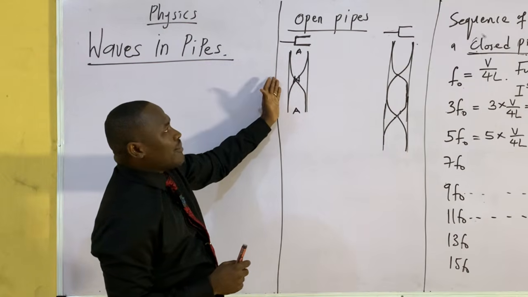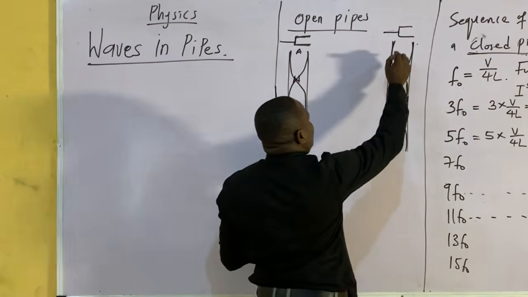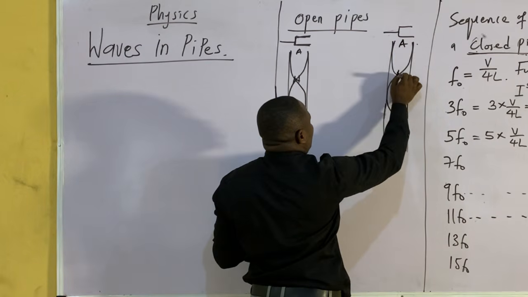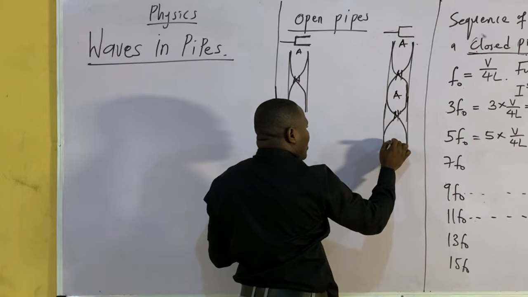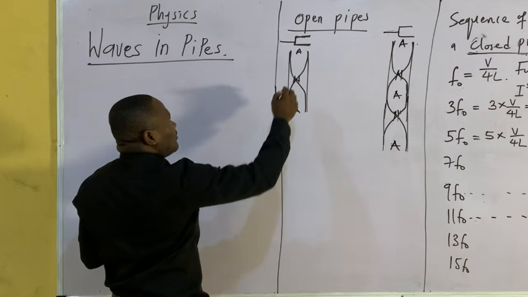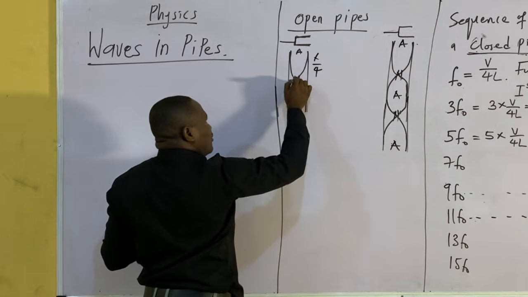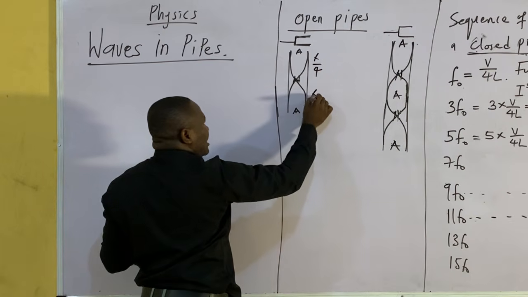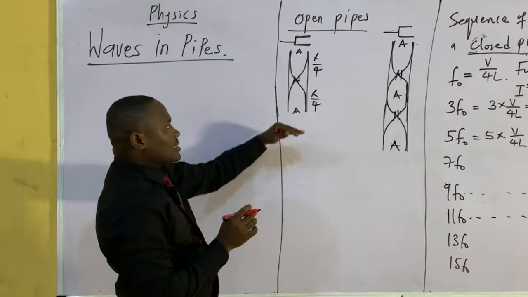The next vibration after this is this. This is antinode, the open space. This is the node. This is the antinode. This is the node. And this is also the antinode. From antinode to node is lambda over 4. From node to antinode is lambda over 4. So how many lambda over 4 do we have in this vibration?